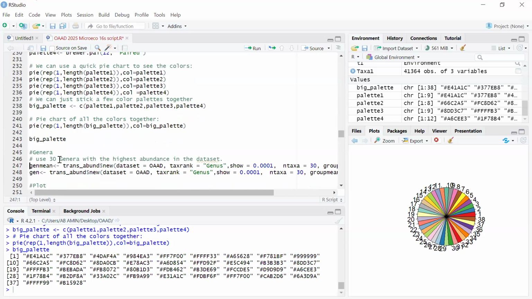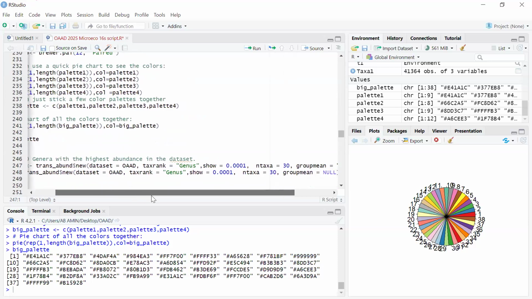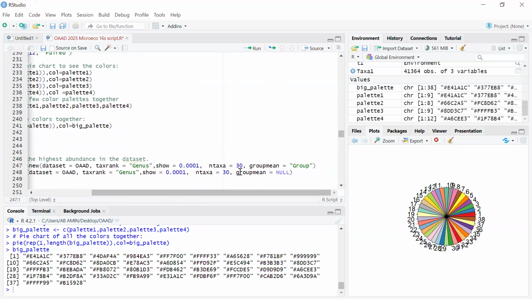So I am calculating the relative abundance for the 30 highest taxa, number of taxa 30, that's the top 30 taxa, using group as a factor, and it should show abundance of 0.01, that's 0.01%.